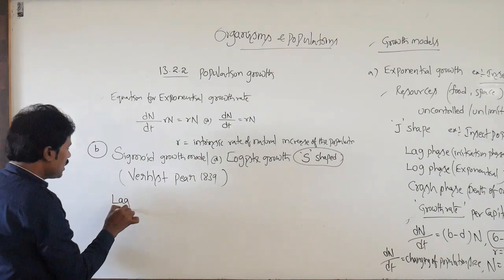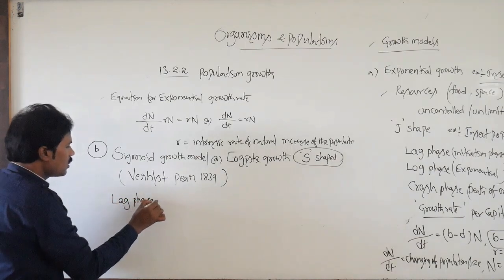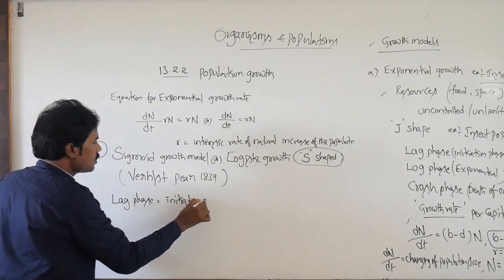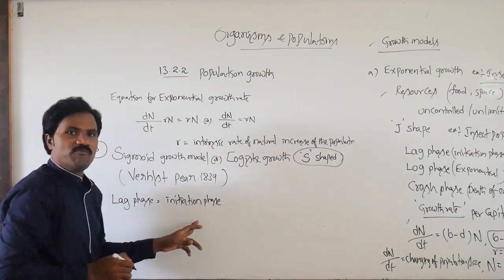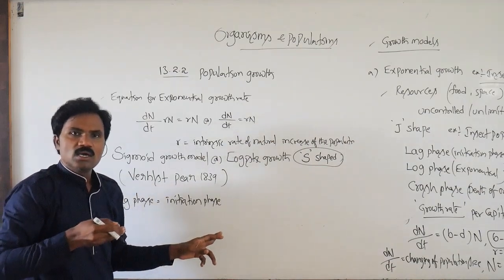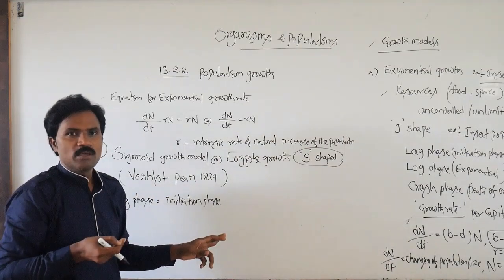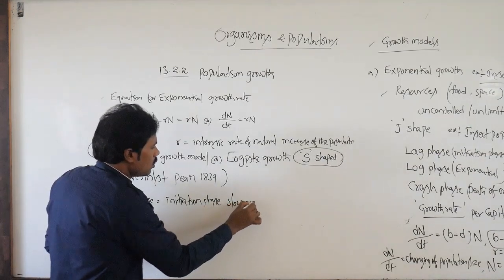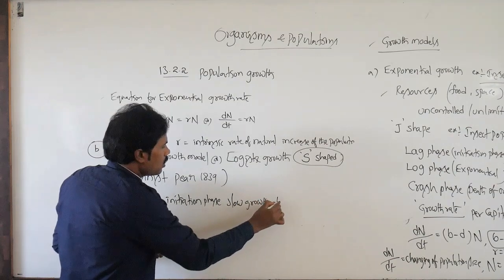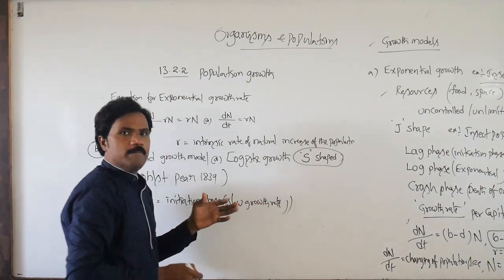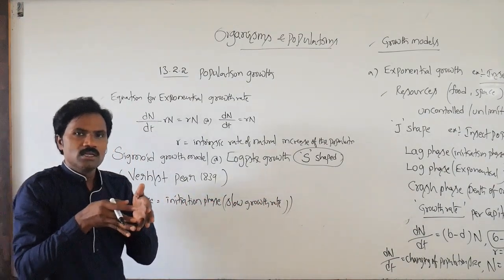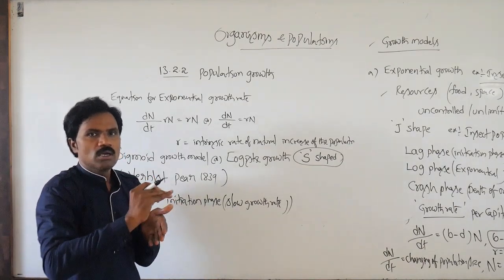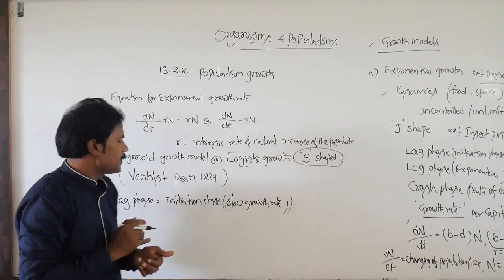First is the lag phase, that means the initiation phase, where organisms are ready to adjust to the given environmental conditions. The growth rate is very slow, because organisms adjust to the given area, then only start to increase the population number.